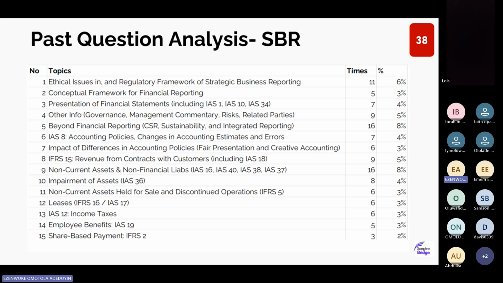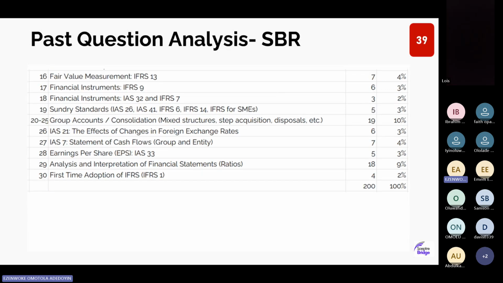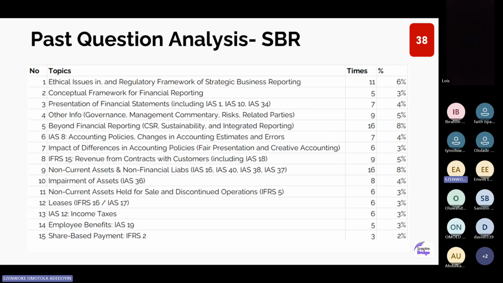So in this one, of course, the one that stands out so well is group accounting. 10%, wow, that's a high one. And followed by ratios with 9%. So you can see why I said they are bread and butter, they go together. So know that. Then after them are now your asset standards, and of course your sustainability report and your integrated reporting.